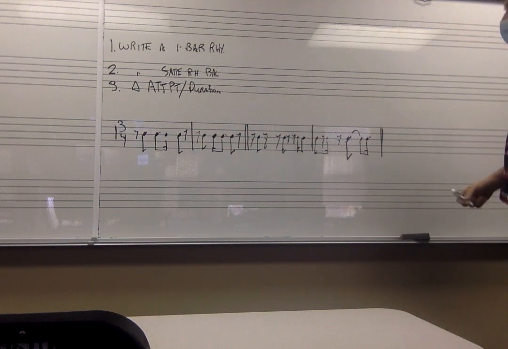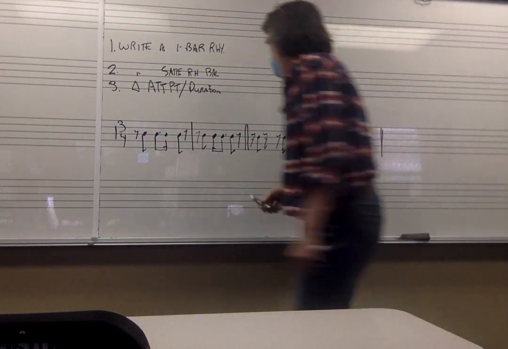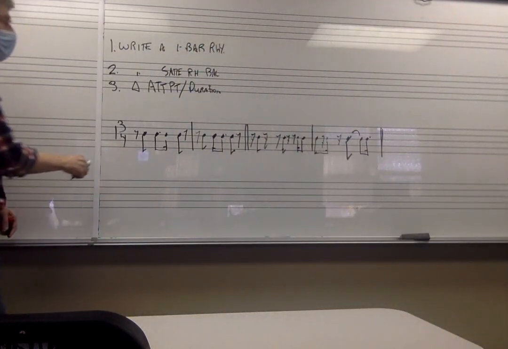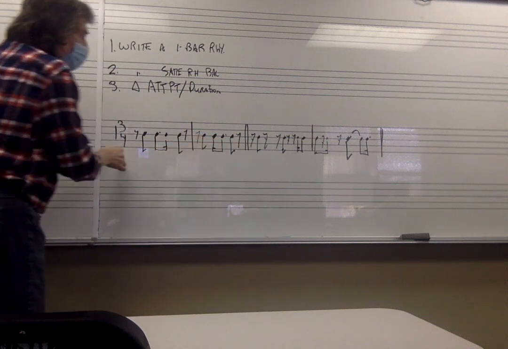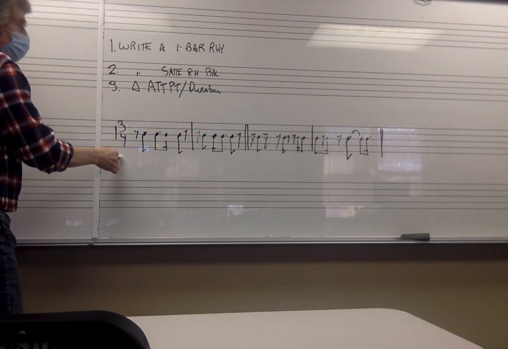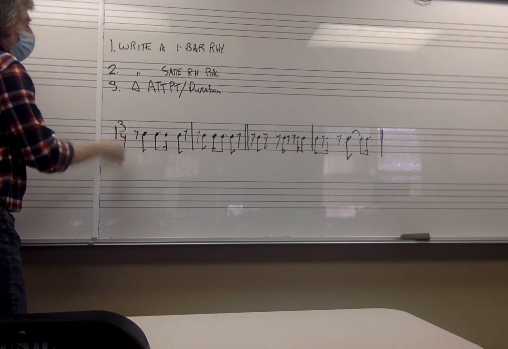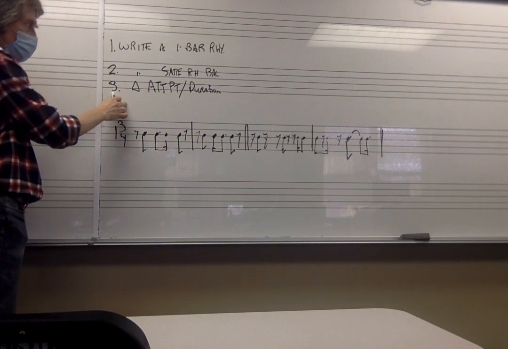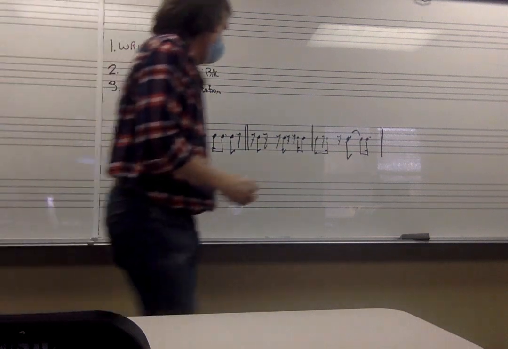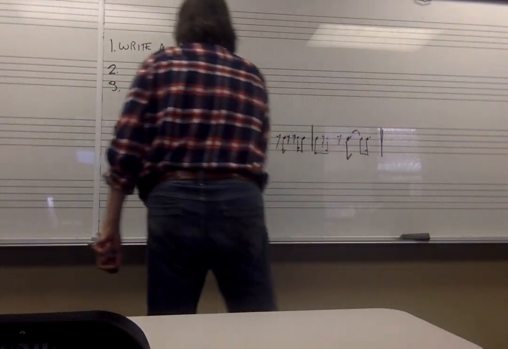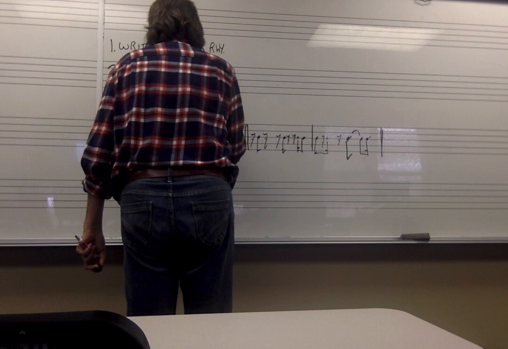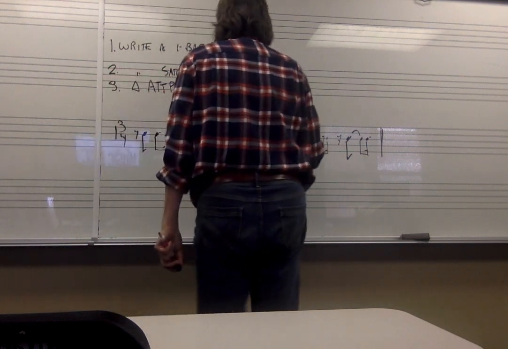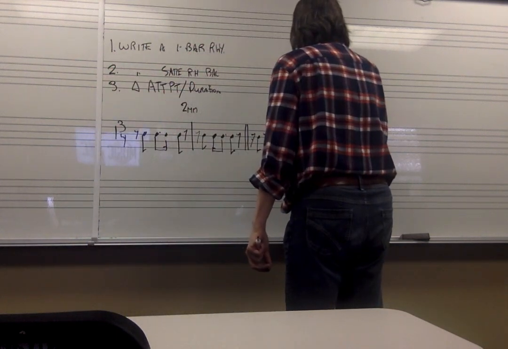Okay, so what I've done, having worked this 2-bar rhythm using this variation technique of either changing the attack point or the duration of whatever note, you now have, instead of 2 measures, this now extends to 4 measures.